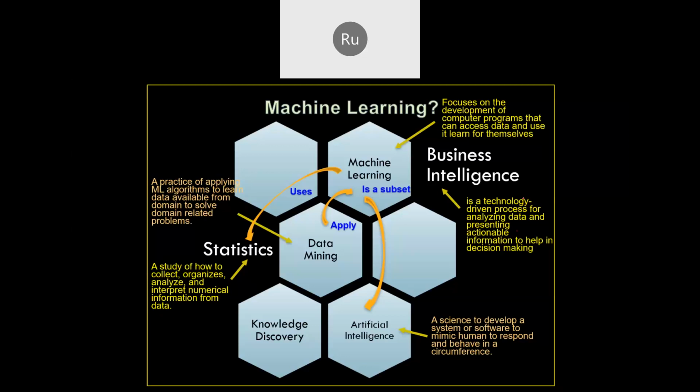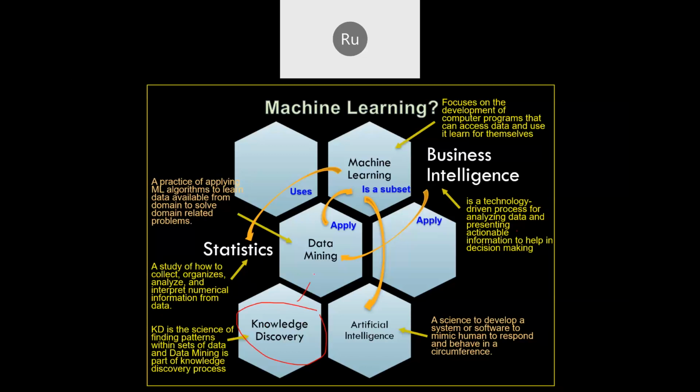Okay, and the last one is knowledge discovery. Knowledge discovery is the science of finding patterns within a set of data, and data mining is part of the knowledge discovery process. So this is a bigger term that we use when you are doing research on knowledge discovery.